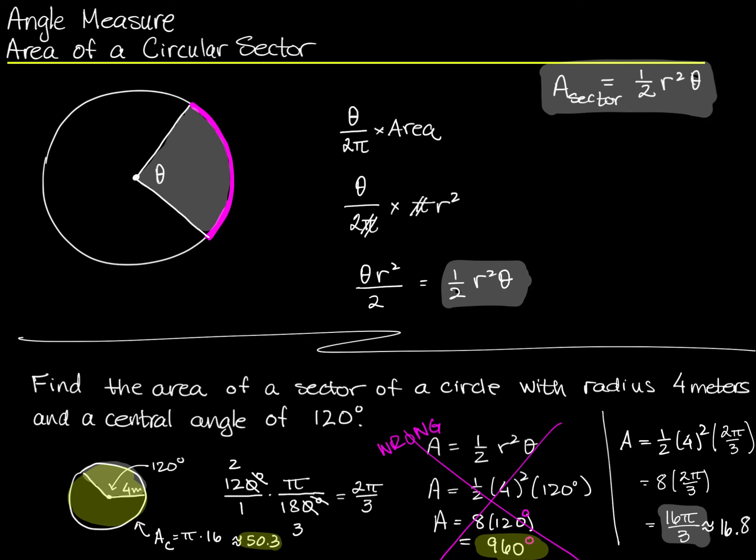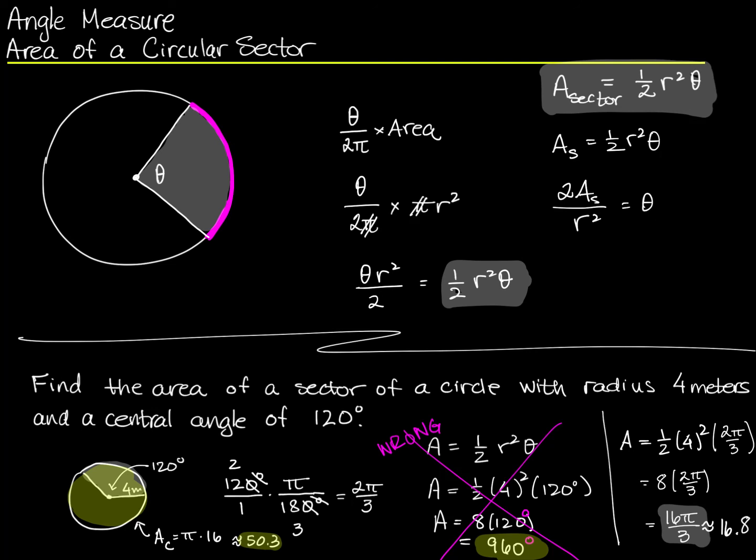Notice that just like the other formula that we derived, I'm going to write this just as A sub s now. If I multiply both sides by 2 and divide by r squared, I get 2 times the area of a sector divided by the square of the radius is equal to the angle. So if I know the area and the radius, I can find theta.